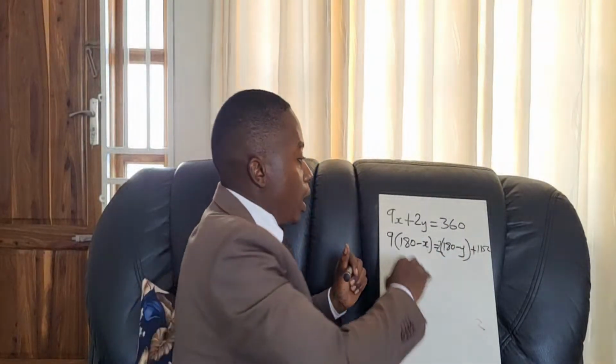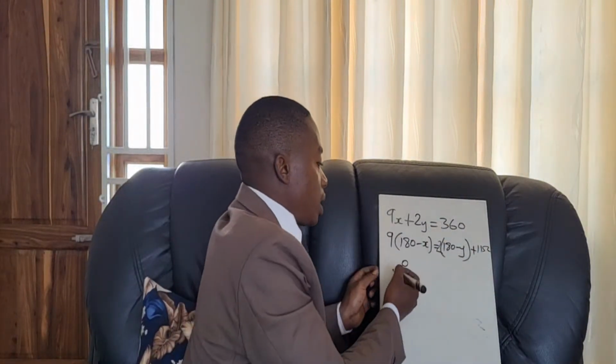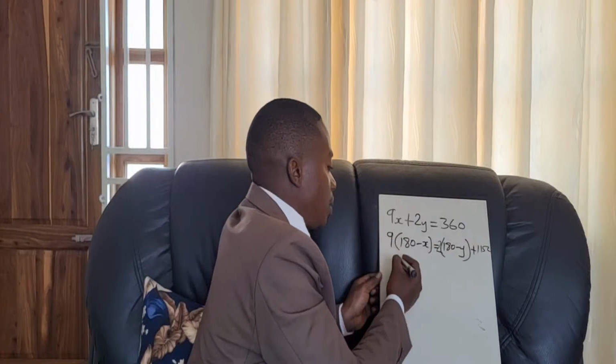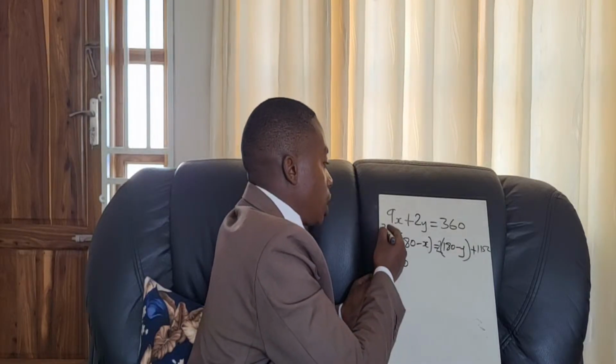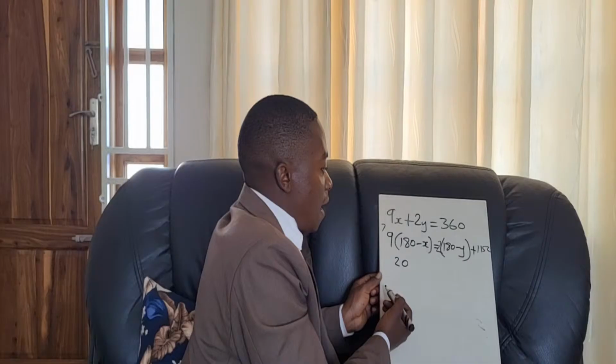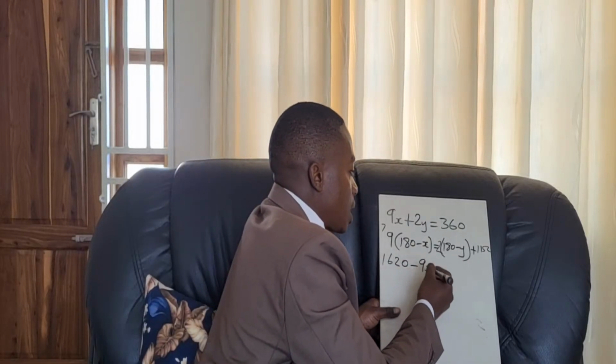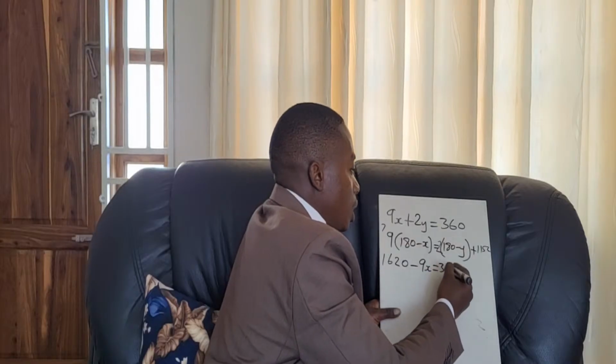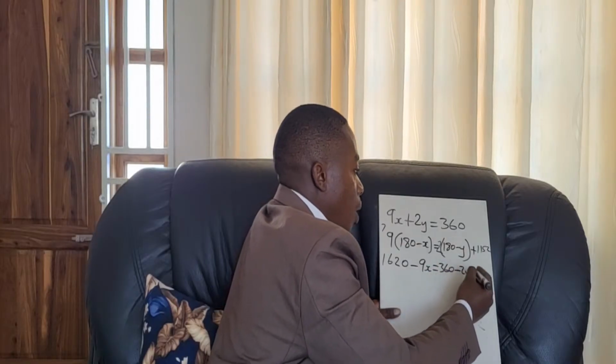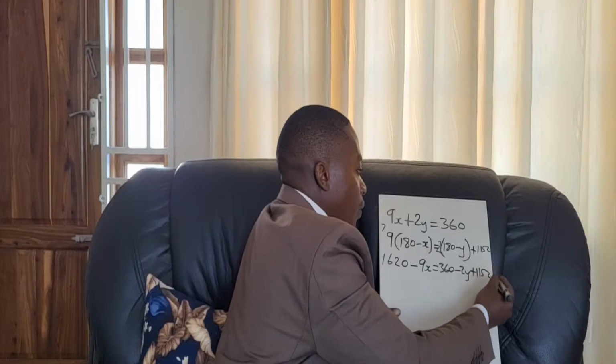Now it's balanced. Let us simplify: 9 times 180 is 1620, so 1620 minus 9x equals 360 minus 2y plus 1152.